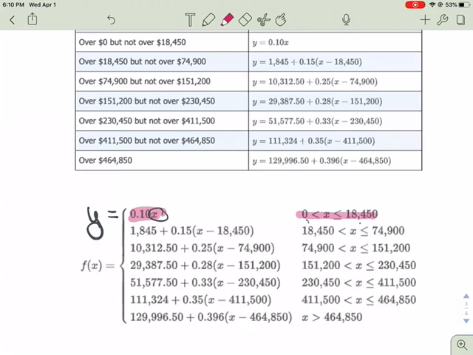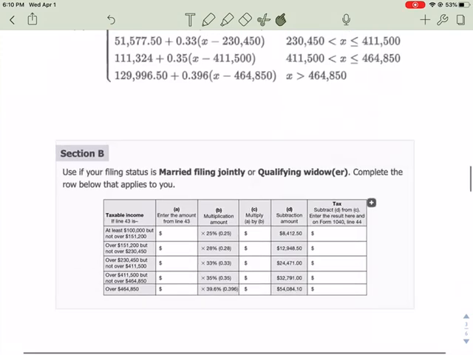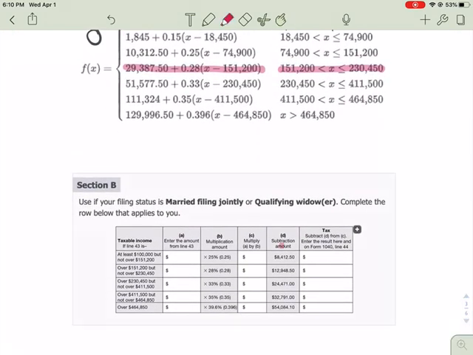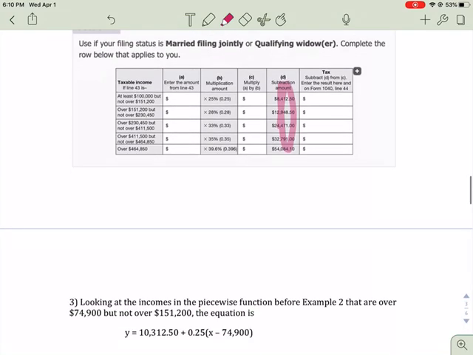The minute we get above 18,450, we go to the next equation. So if I'm above 151,200, but below 230,450, this is the equation that I'm using, which is the same equation we found in our tax schedule, okay? Which is where these numbers right here in our worksheet section all come from.